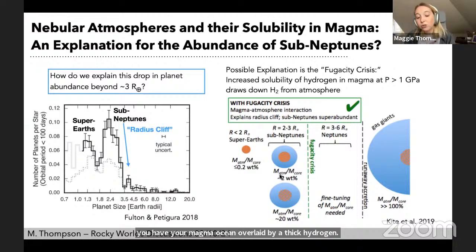This is also due to the fact that you are now at such high pressures that you have to deal with non-ideality, which I will also discuss a bit later on. Essentially, this increased solubility of hydrogen draws hydrogen down from the atmosphere, and then it inhibits further growth of the planet. So you can't just keep growing these planets more and more, and instead you see this decrease in abundance. This suggests that, again, hydrogen solubility, particularly thinking about the distribution that we observe of super-Earths and sub-Neptunes, is also quite important.